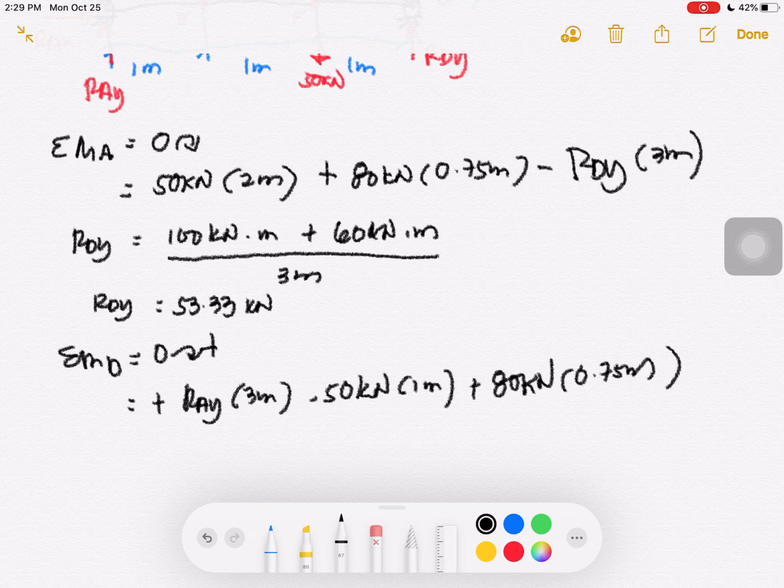So to simplify, we have 3 meters RAY, positive 50 kilonewton meter, and 80 kilonewton times 0.75 is 60.